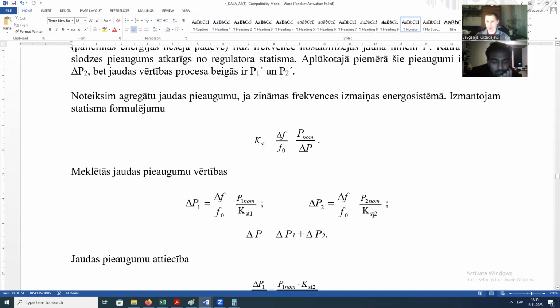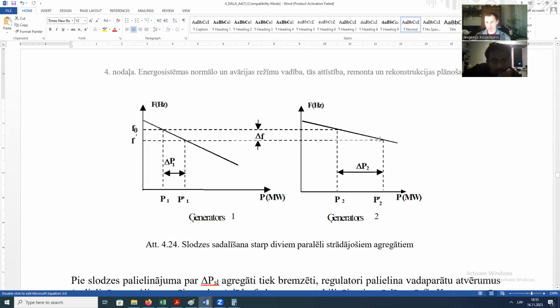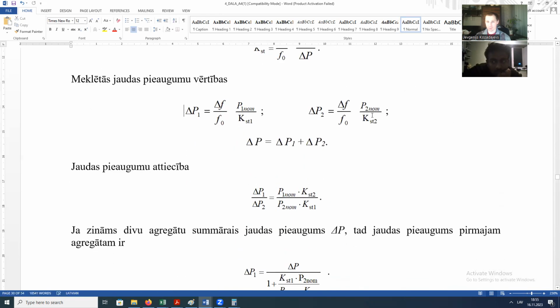And the second one the same, using the second generator power and the second generator static coefficient, as which one represents this curve. So we have these two equations. And as we understand, for the whole power system, the power deviation is equal to this power.